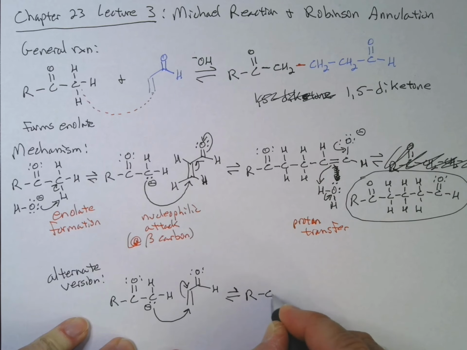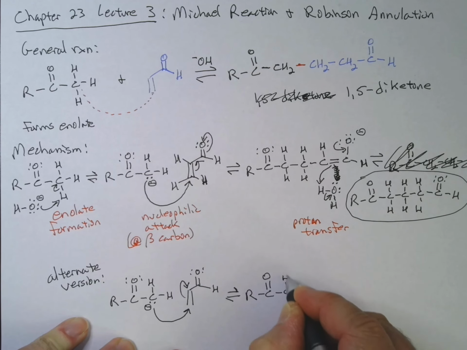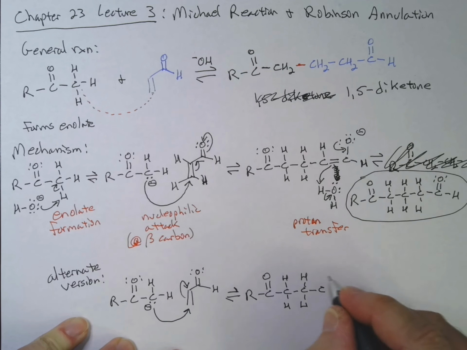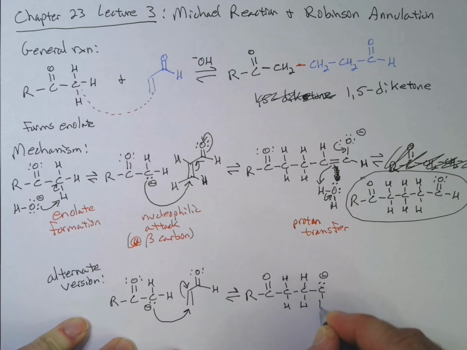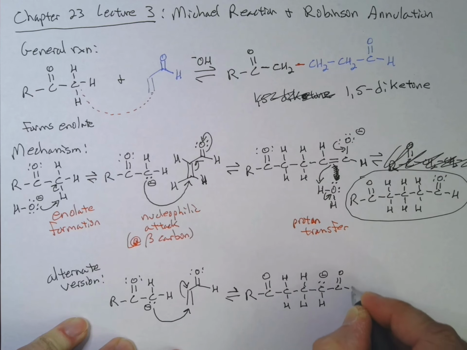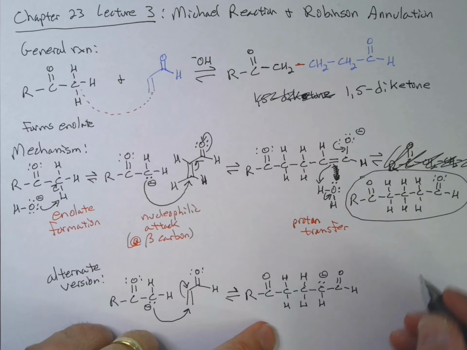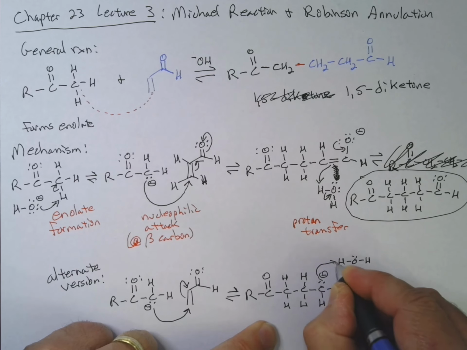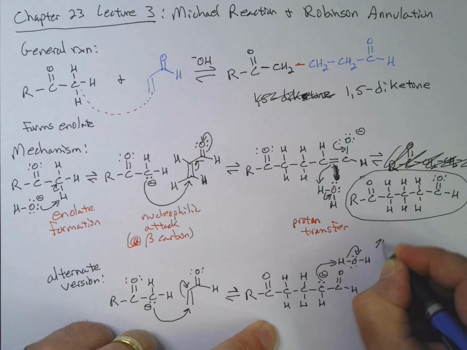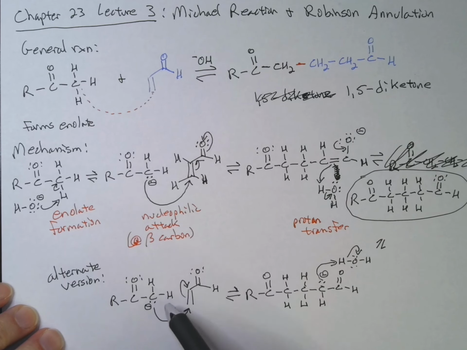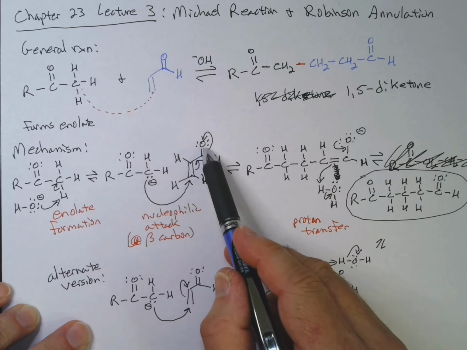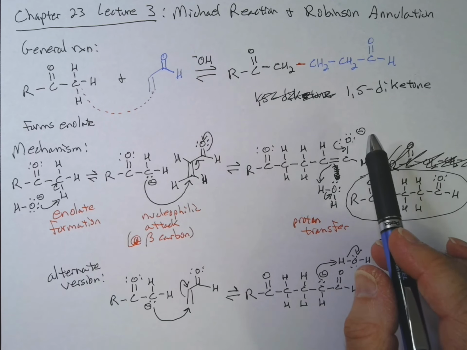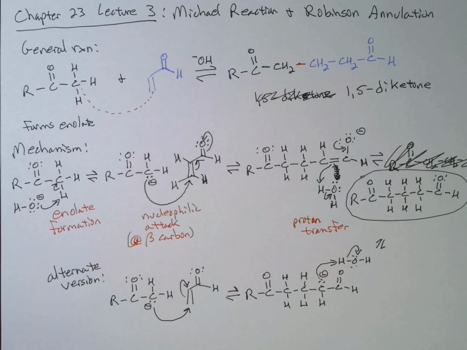So that we now have R, C, double bond O, C, H, H, C, H, H, C, negative charge, H, C, double bond O, H. And then we'll get our proton transfer. Those lone pairs will pick up that. So you don't have to show the electrons being pushed up onto the oxygen here. Again, that's kind of the way I think when I think about things. I think about these electrons flowing around back and forth.